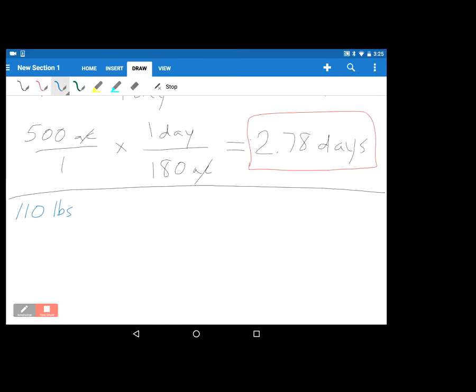I'd say let's convert all of those prices in that table to dollars per pound. Right now they're dollars per hundredweight and dollars per 50 pounds. What if we just convert those to dollars per pound?